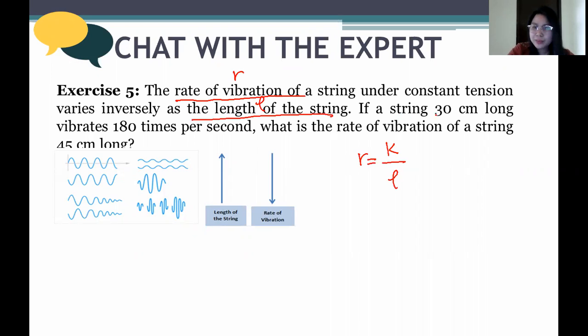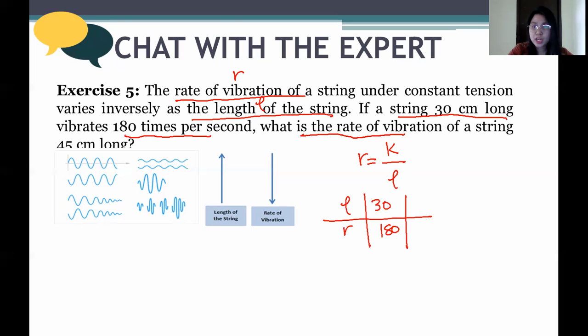If a string 30 cm long vibrates 180 times per second, let's check here. If the length is 30 cm, it will vibrate 180 times. What is the rate of vibration of a string that is 45 cm long?